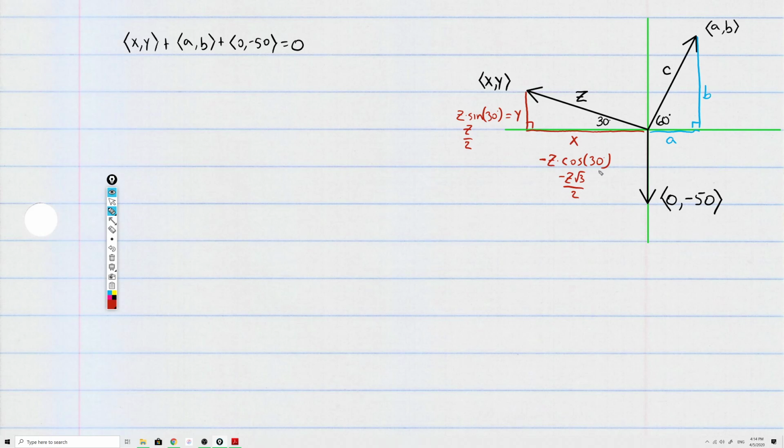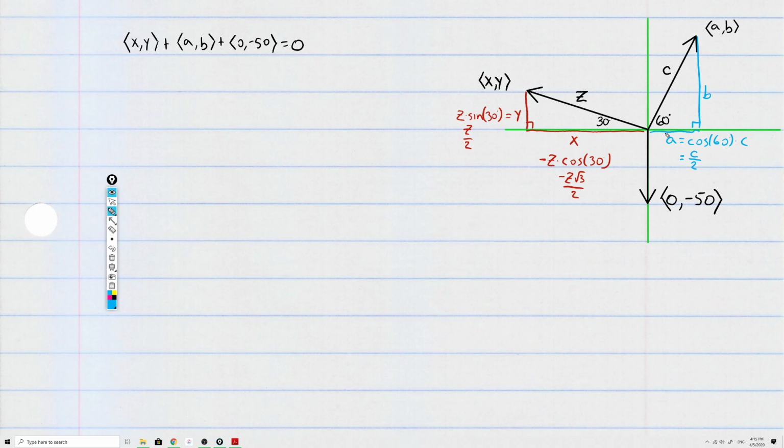All right, we need to do exactly the same thing with the tension on the wire to the right. So let's see, the adjacent side. Well, the adjacent side is the cosine of the angle times the magnitude of the vector, which is c in this case. And the cosine of 60 degrees is a half, so a is c over 2.